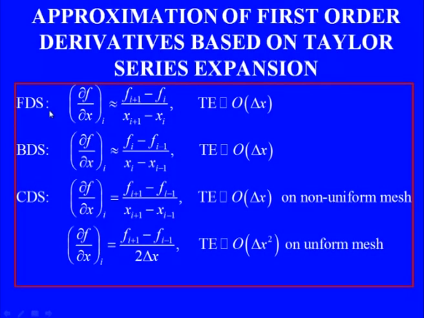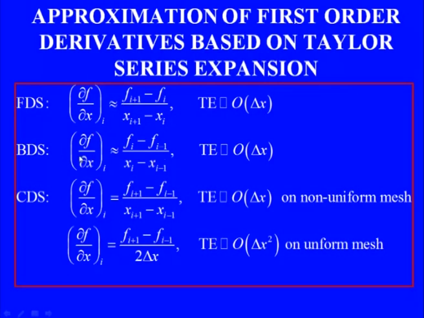So, now let us go back to our slide and see the summary of what we just derived. We derived a forward difference approximation del f over del x_i is equal to f_{i+1} minus f_i divided by x_{i+1} minus x_i, which stands for delta x_i, and truncation error is of the order of delta x.